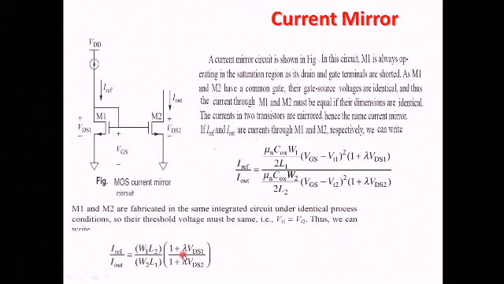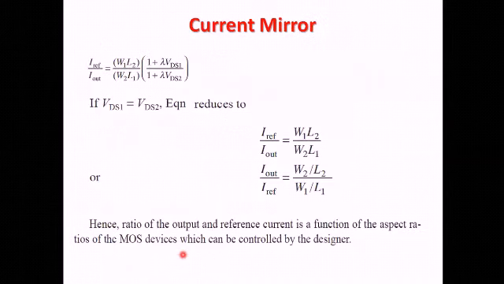Now let us go to the next slide. This one is the equation, and we will put VDS1 and VDS2 like this. Now if VDS1 is equal to VDS2, this whole equation of Iref by Iout reduces to Iref by Iout is equal to W1 into L2 by W2 into L1, or Iout by Iref is equal to W2 by L2 divided by W1 by L1.